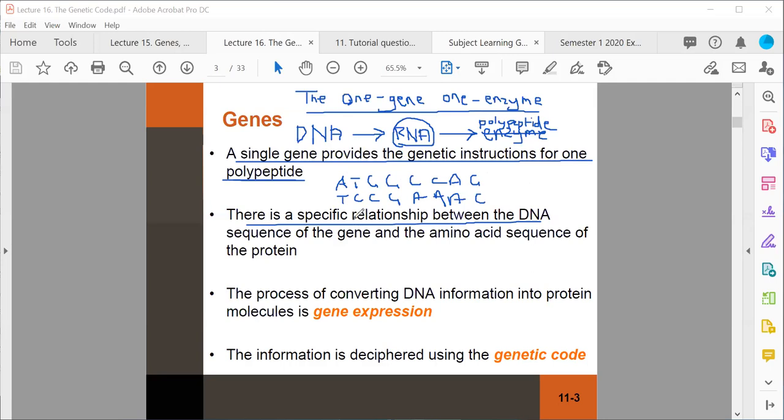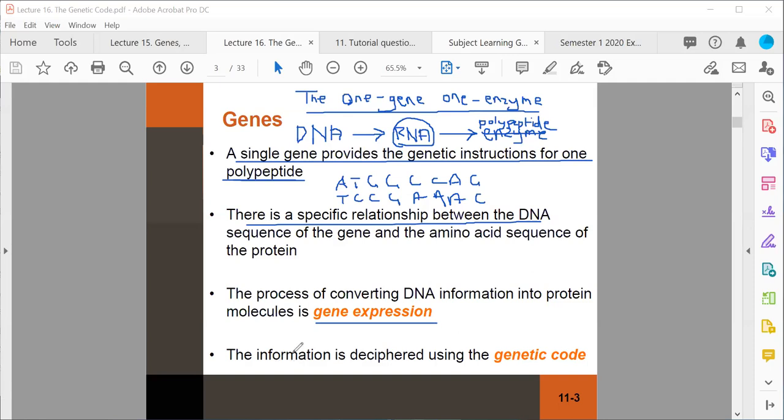All right, but regardless of that, there must be some sort of relationship between what we're seeing in the DNA and the final polypeptide that's synthesized as a result of that gene being expressed. So the process of converting that code found in the gene, in DNA, converting that information into a specific polypeptide that will go on to form a protein, that whole process is referred to as gene expression.